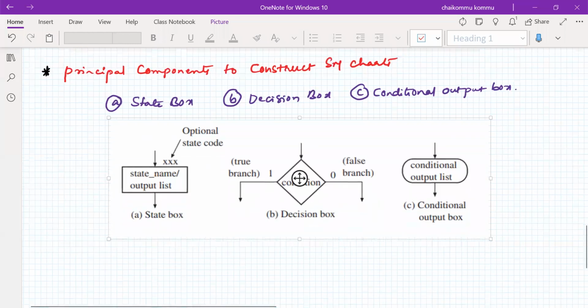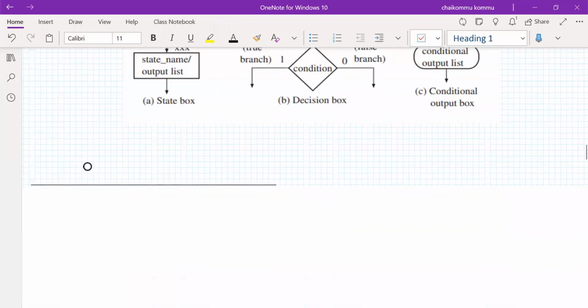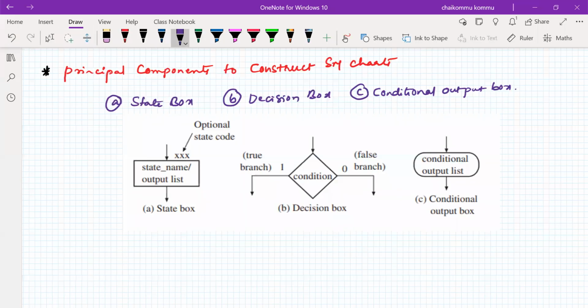There are three important blocks. One block is called the state box, as I mentioned previously. This is a state box, decision box, conditional output box. What is the responsibility of the state box? It holds the state name as well as the output list. State name, for example, S0, S1, S2, something like this, and an output list is also possible.